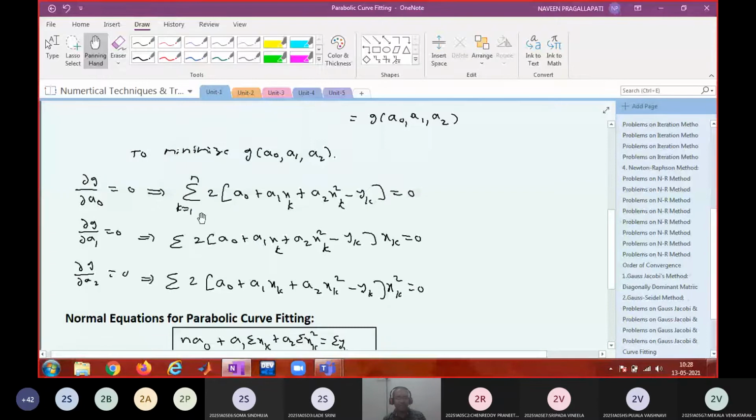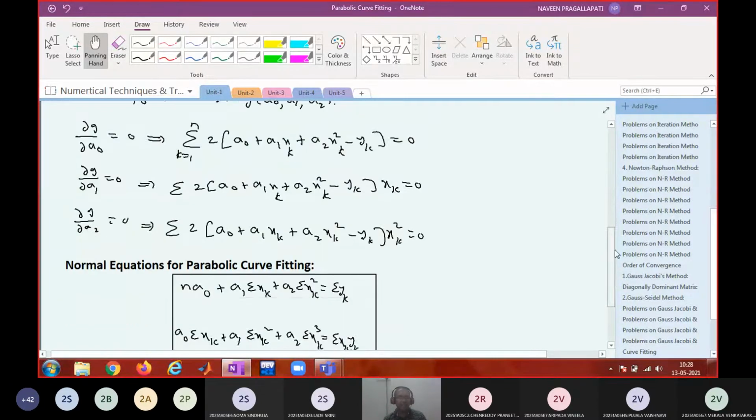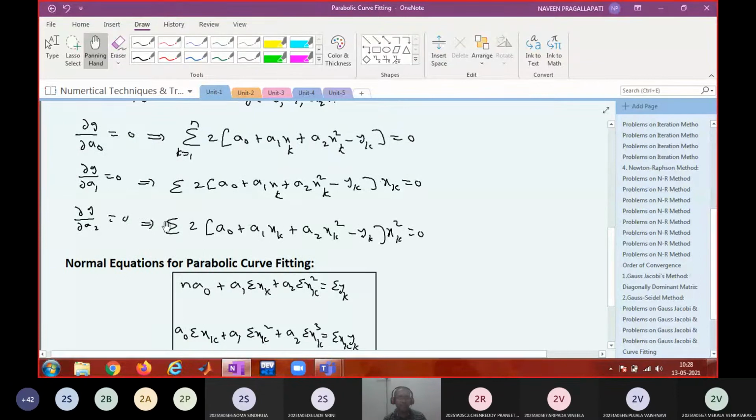Then when you take the sigma of each term and simplify, you can divide by 2 on both sides. Sigma a0 is n a0, plus a1 into sigma xk, where sigma runs over k, plus a2 into sigma xk square, equal to sigma yk.